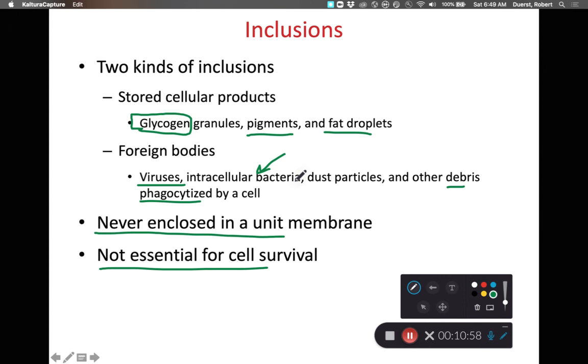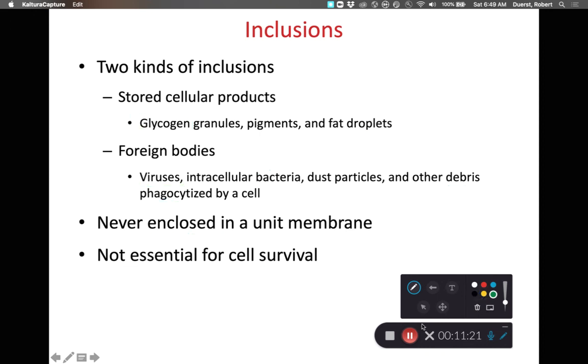As recently as the early 2000 teens, I want to say it was 2013, there was a new organelle discovered. And it was one of those membrane-bound sacs that was difficult to distinguish between the inclusions, the lysosomes, and the peroxisomes. So we're still learning more about the cells as time progresses.